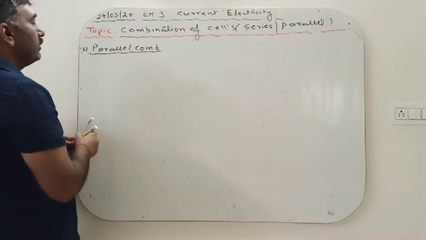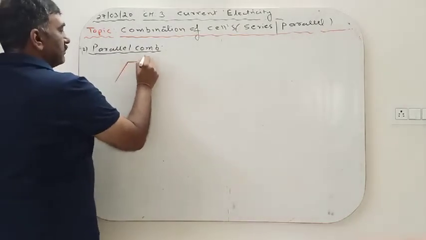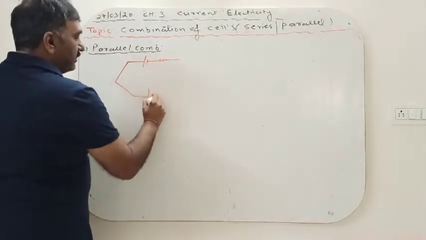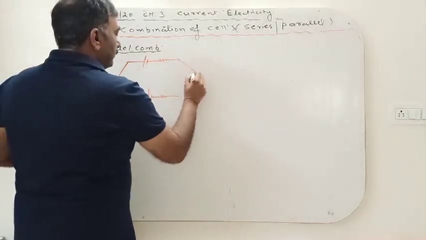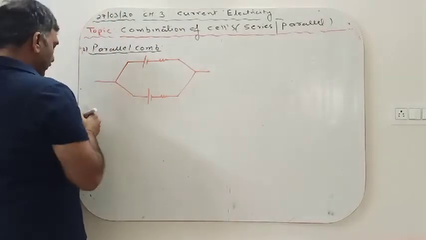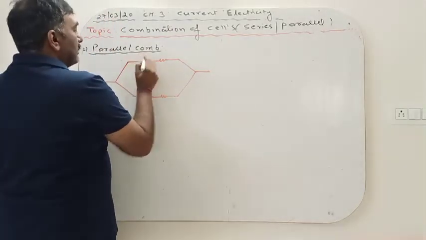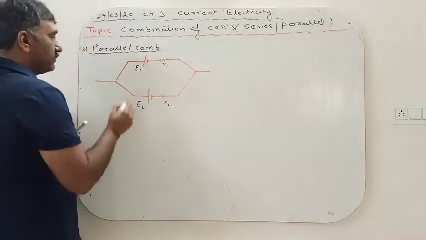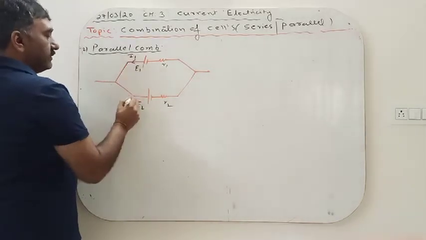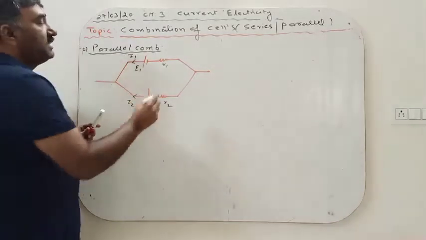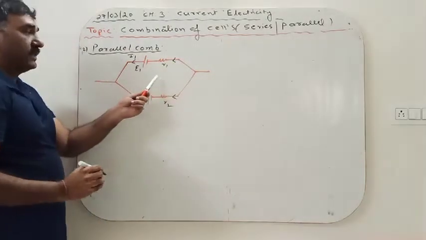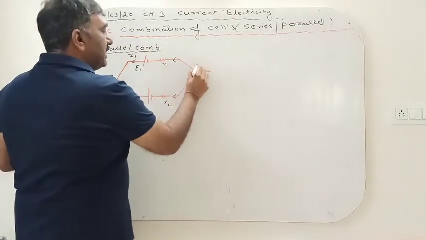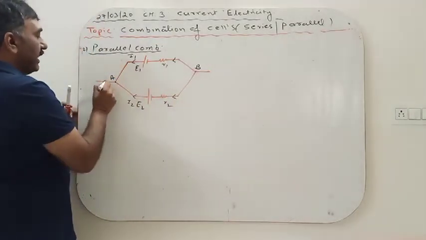We take two cells, E1 with internal resistance R1 and another cell E2 with internal resistance R2. Let I1 and I2 be the electric currents passing through the two different cells, because here there is a junction. This point is A, this point is B, and these two currents combine to give I.